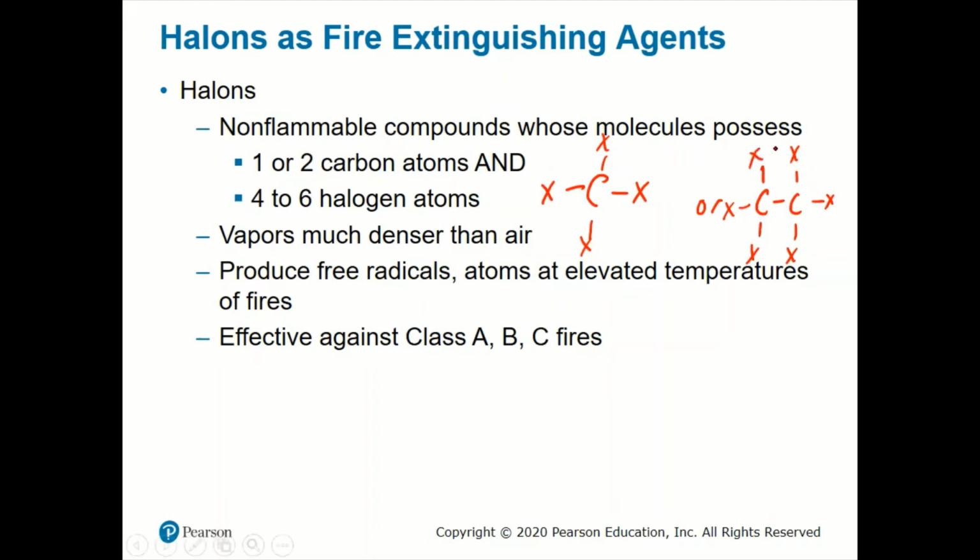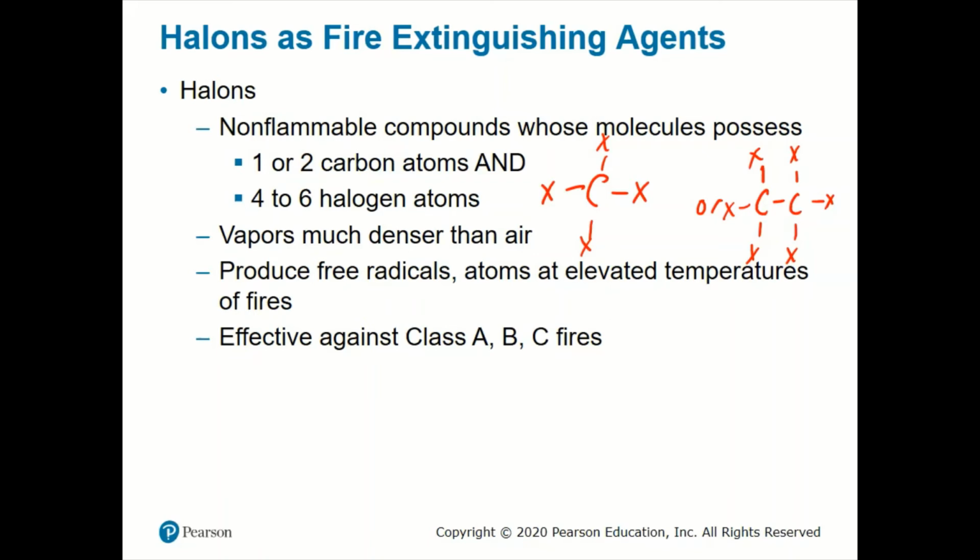So we are talking about molecules that are exclusively carbon and halogen. There is no hydrogen, there is no oxygen, there is nothing else in these materials other than the carbon and the halogens. These substances are dense, much more dense than air.